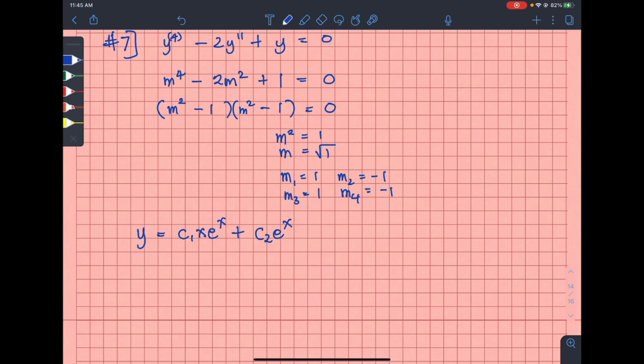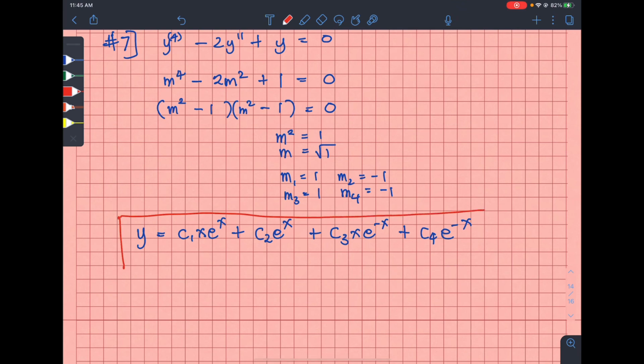And then for m2 and m4, which is both negative 1, that would be plus c3 x e raised to negative x plus c4 e raised to negative x. So, okay, our general solution. Okay, so that's a fourth order.